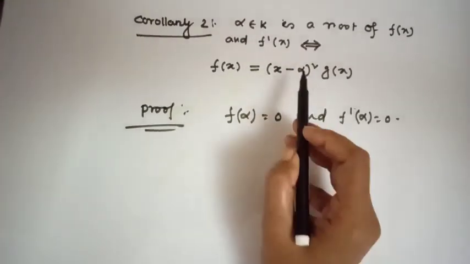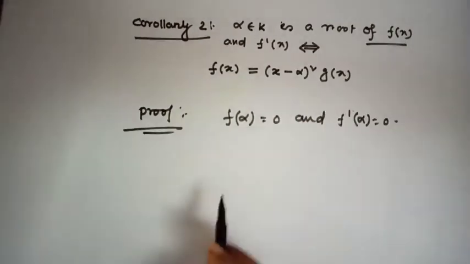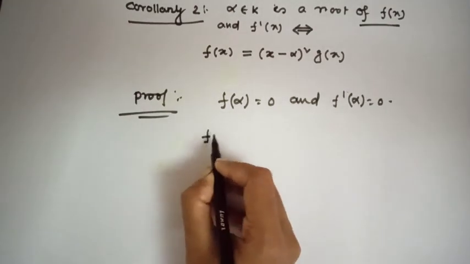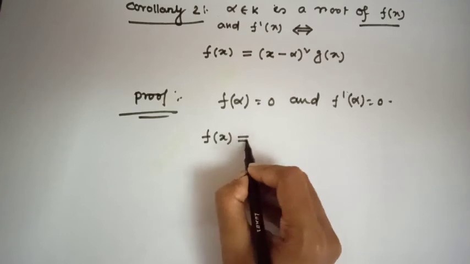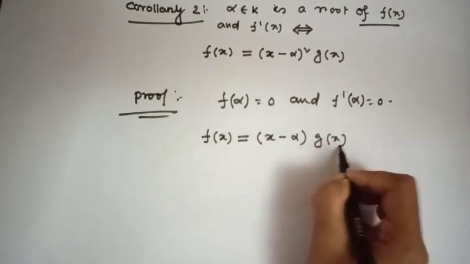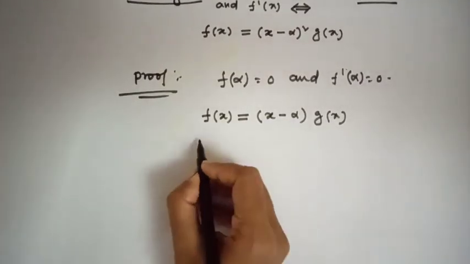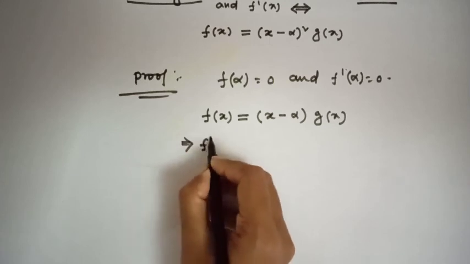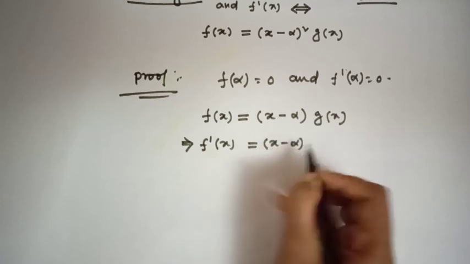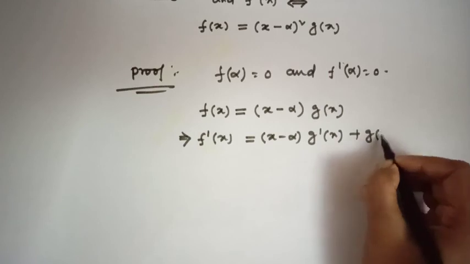Okay, since alpha is a root of f(x), from corollary 1 we can write f(x) equals (x minus alpha) times g(x). Okay, taking the derivative on both sides, I get f prime(x) equals (x minus alpha) g prime(x) plus g(x).